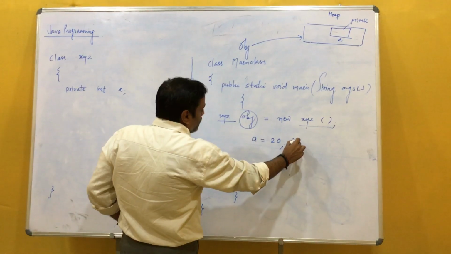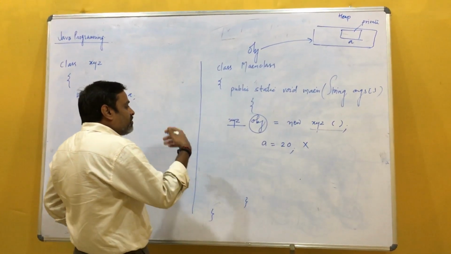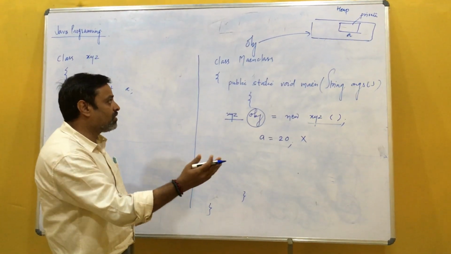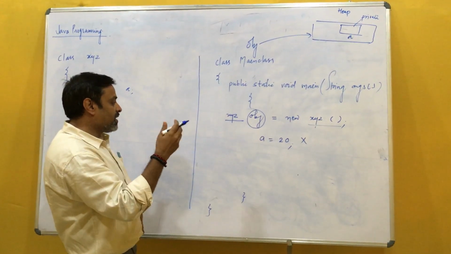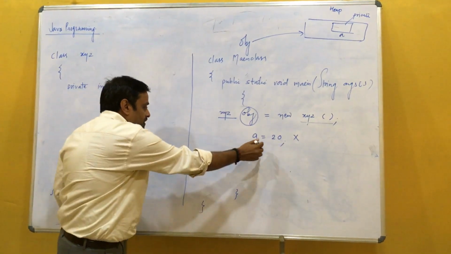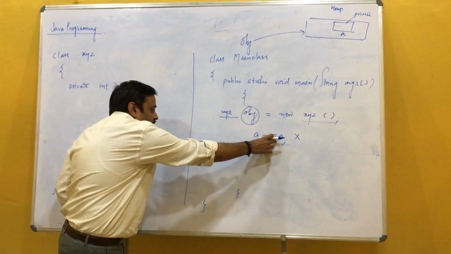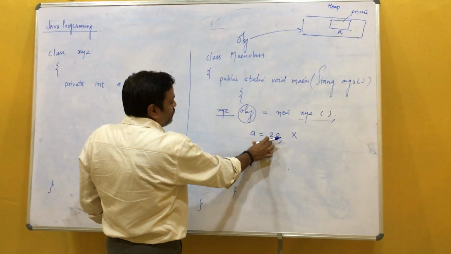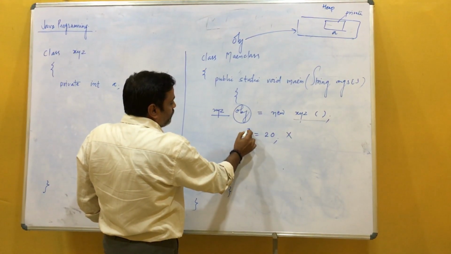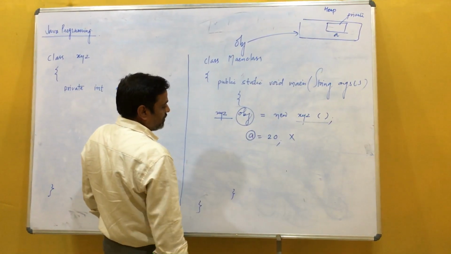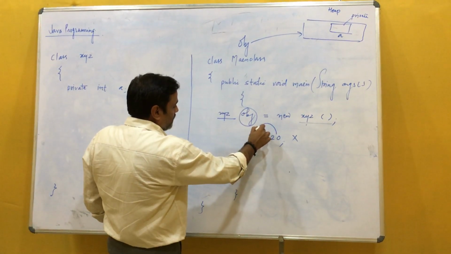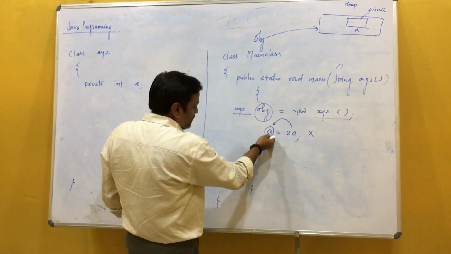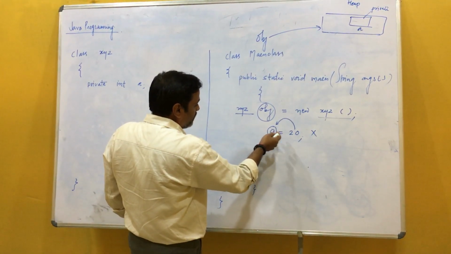It will not work, because there may be many objects in this main function, and inside every object there may be an A variable. So the compiler will be confused about which object's A you are talking about.